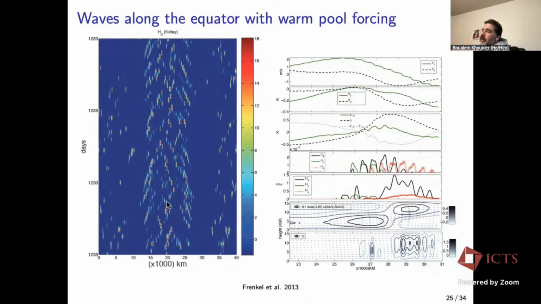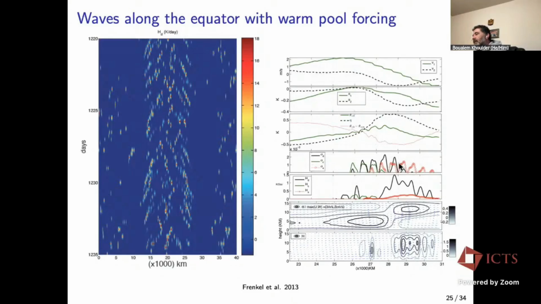When we filter these waves, we see this behavior: this is first baroclinic velocity, second baroclinic, and θ1, θ2, and this is theta EB, and this in green is moisture. You see theta EB peaks first, then moisture, and then deep convection sets in.